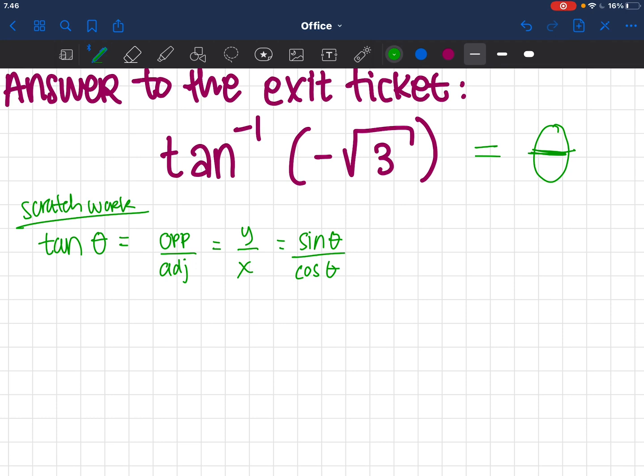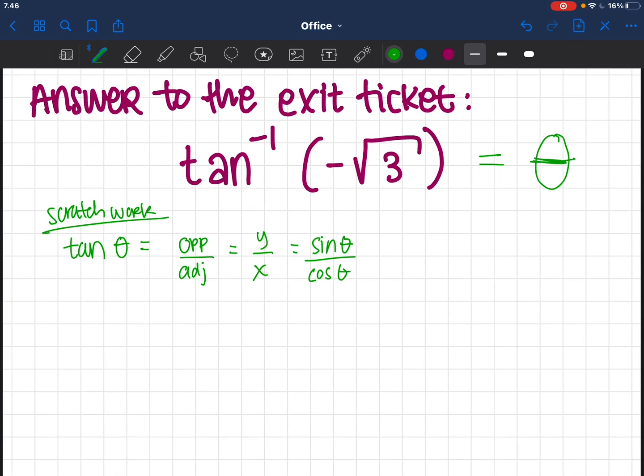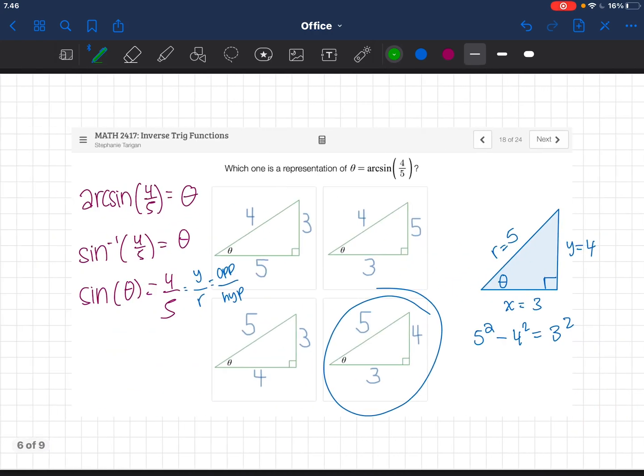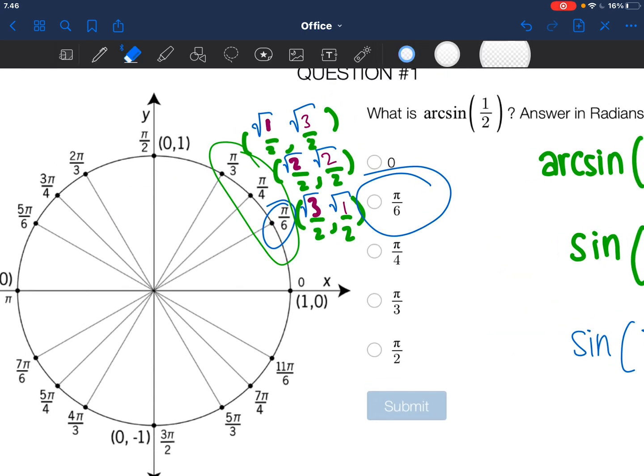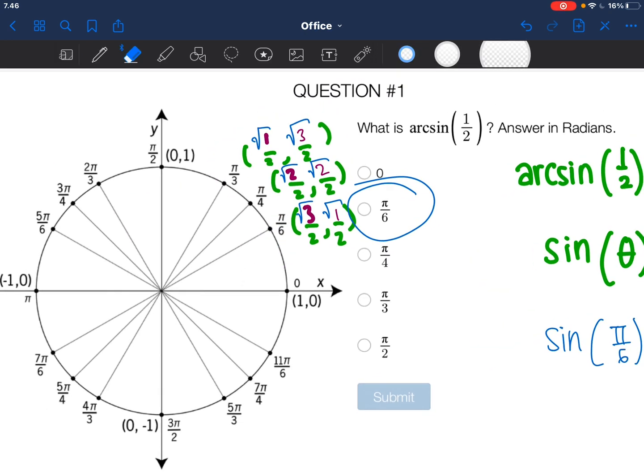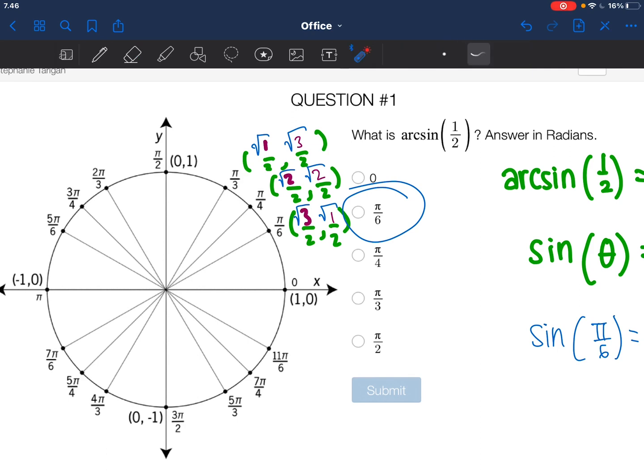Okay, so think about it as this. What coordinates, if we divided y over x, would give us negative square root of 3? That's what you ask yourself, right? So I'm going to go back to my unit circle again and take a look at the angles here.